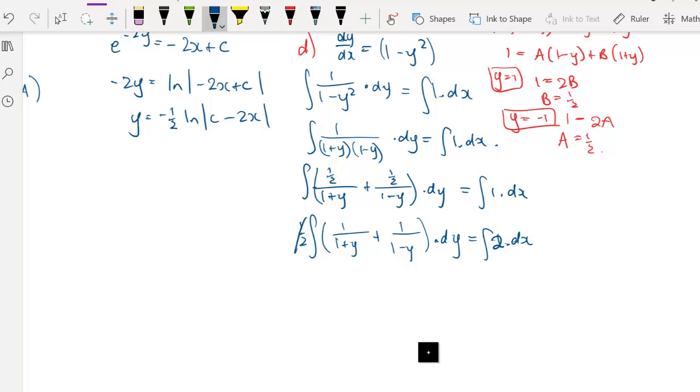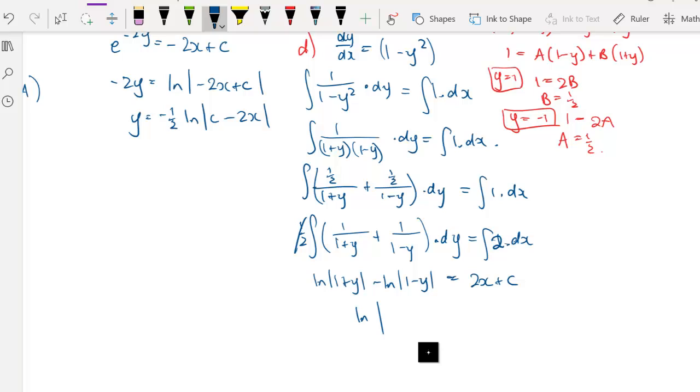So now the integrals are pretty straightforward. The integral of 1 on 1 plus y is ln of 1 plus y. The integral of 1 on 1 take y is negative ln of 1 take y. And on the far side we have 2x plus c.